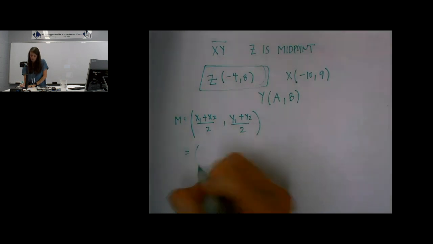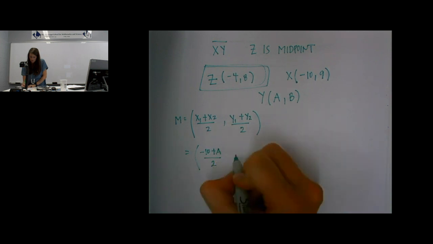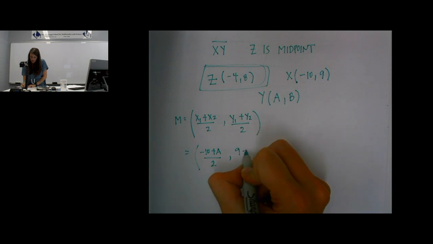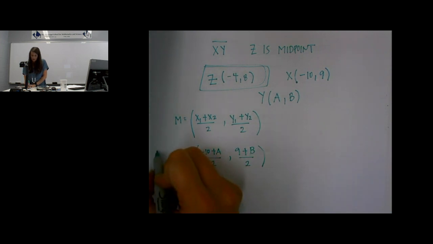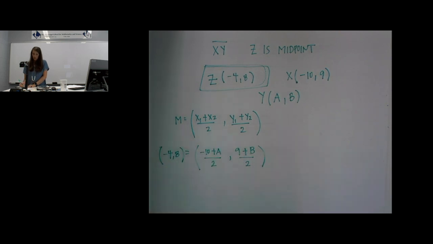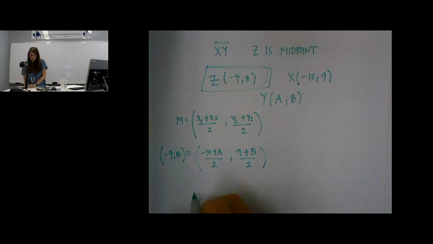So what I'm looking for here is that I have -10 plus A all over 2, and I have 9 plus B all over 2. Okay, and it's going to be equal to negative 4, 8. Okay, so that means that my x coordinate is going to be equal here, and my y coordinate is going to be equal to here.